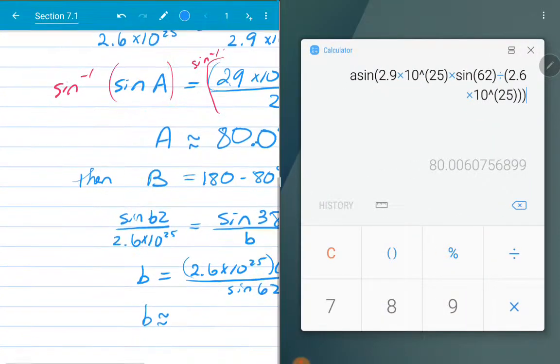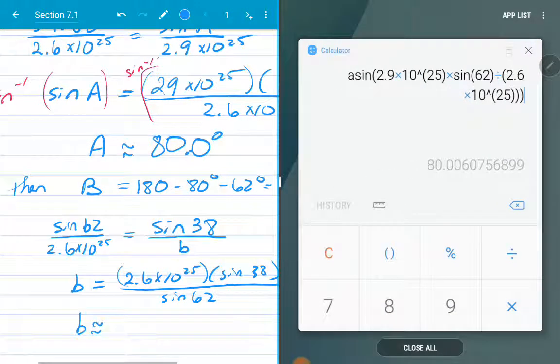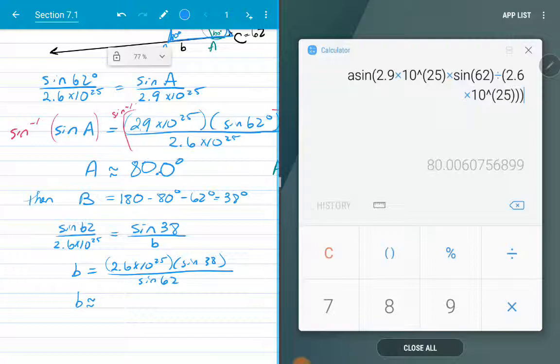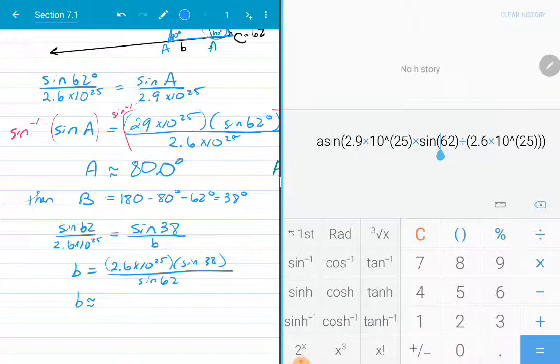But in order to check my answers with the back of the book, I will go ahead and use a calculator to get that estimated value. So that is, let's see.